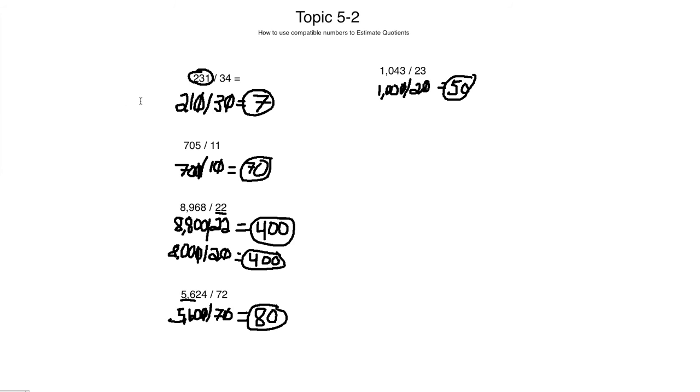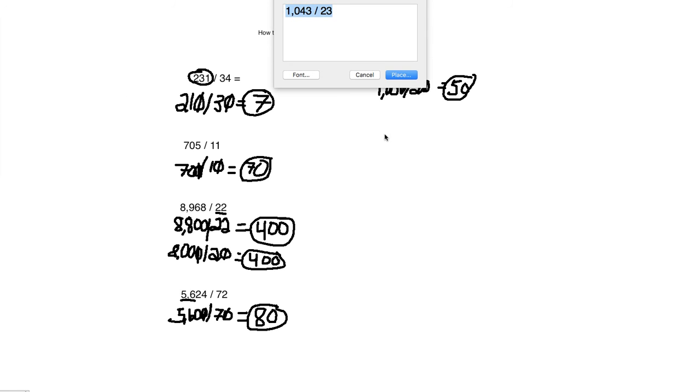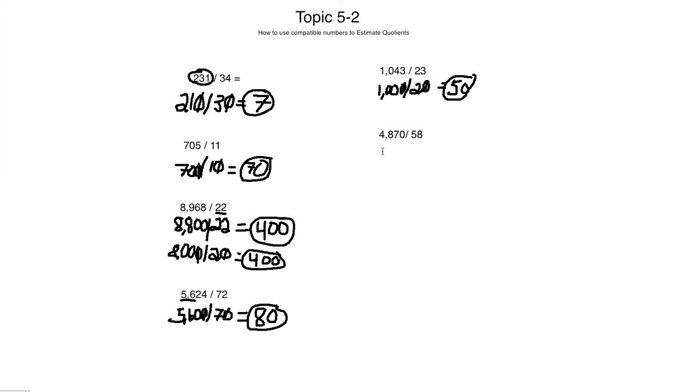Let's try another one. All right, let's do 4,870 divided by 58. All right, let's place it here. All right, stop the video and see if you come up with the correct estimated quotient. All right. Now, oops, 58 is close to 60.